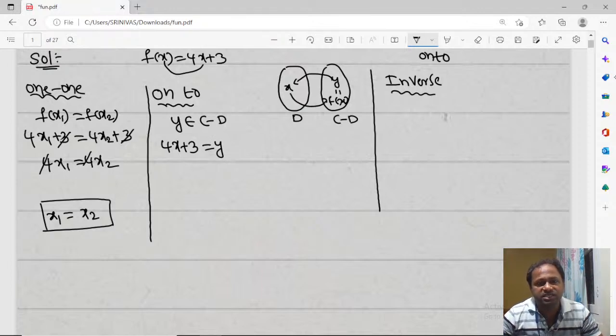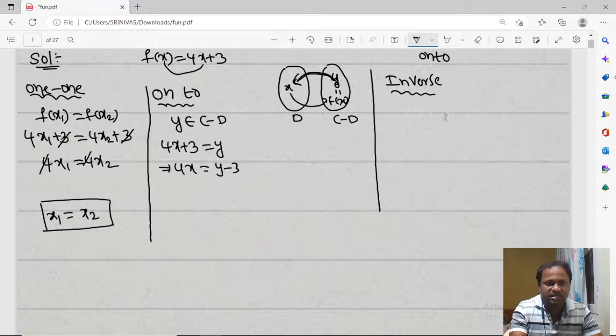So I have started with y, I need to get x. So from this I will write 4x is equal to y minus 3, x is equal to y minus 3 divided by 4.